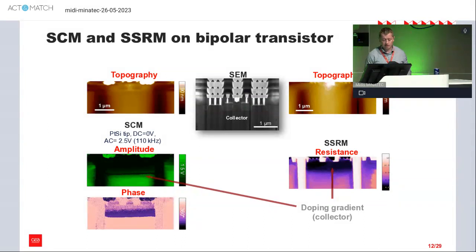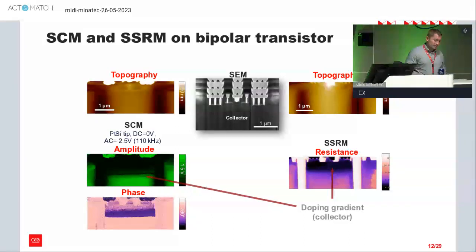So there is a contrast here. And comparing to SCM, we can also have this kind of information about doping gradient. But from SCM, we can have from the phase image also information about doping type. So we can see that this kind of characterization already can be applied directly on the device.